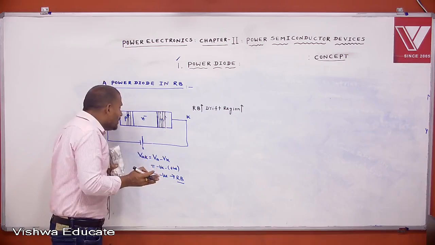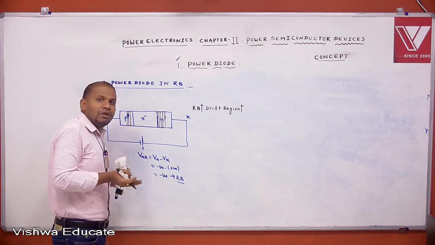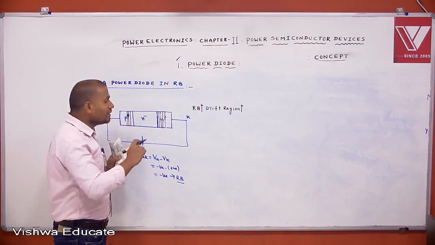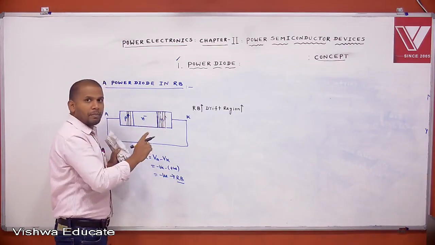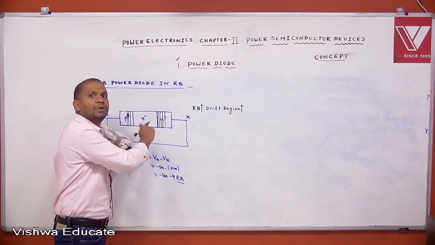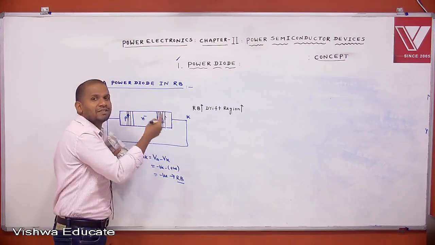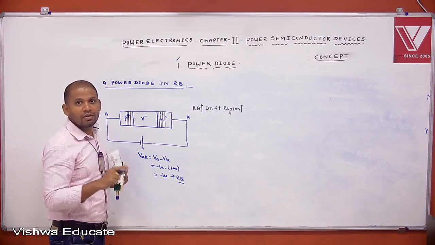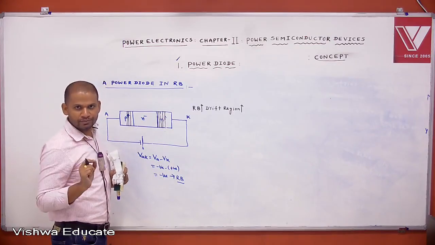if the reverse voltage is applied and increased, the drift region cannot penetrate into the N plus region. Those diodes are called non-punch through diodes.